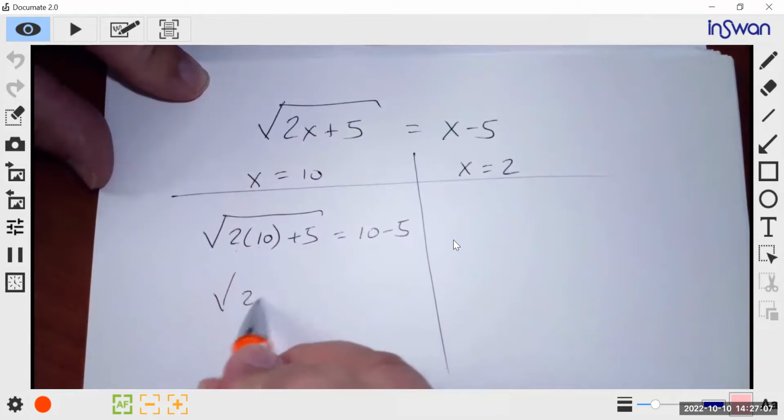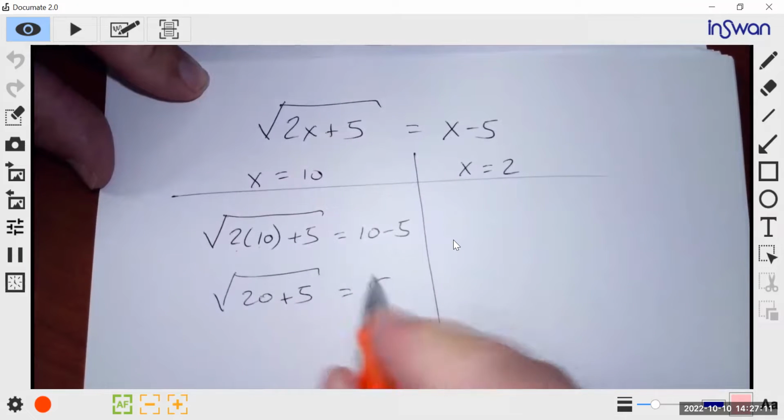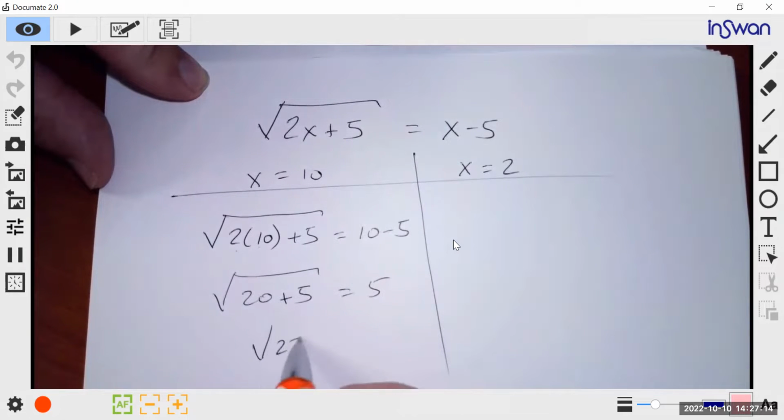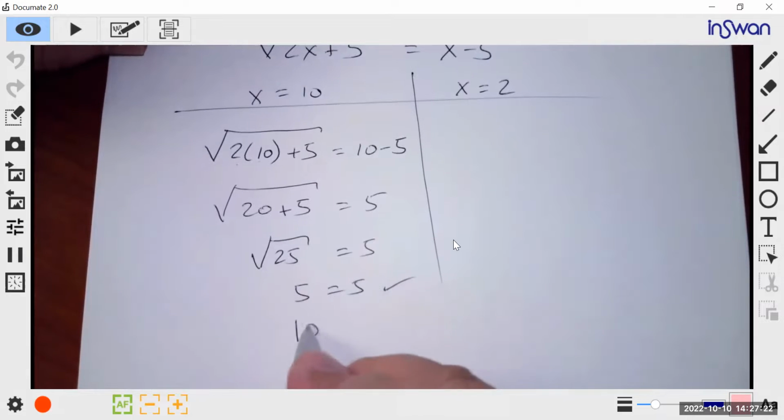Two times 10 is 20 plus 5. 10 minus 5 is 5. Square root of 25 is 5. So that works. So 10 is an answer.